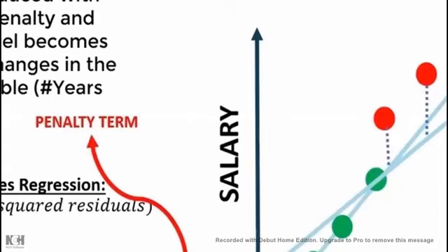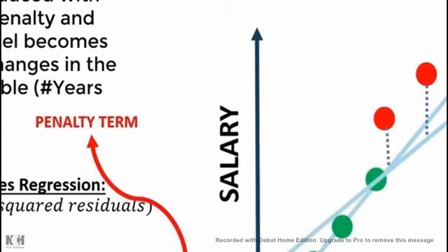Now what is meant by alpha? Slope means, in the equation, whatever the coefficient is along with that variable, that is called the slope. That is okay. What is meant by alpha? Alpha is called the learning rate. It is not a fixed value. We have to do hyperparameter tuning for alpha.